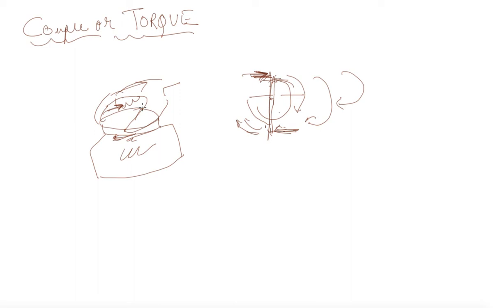This type of forces when applied at opposite ends is known as a couple or torque. So this is what you can understand while using the term couple or torque.